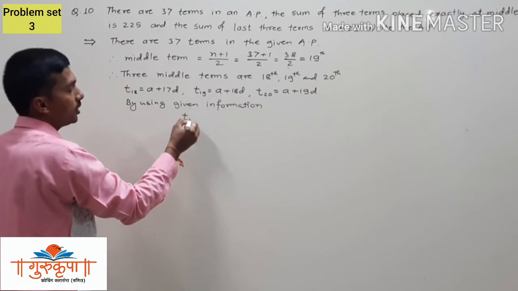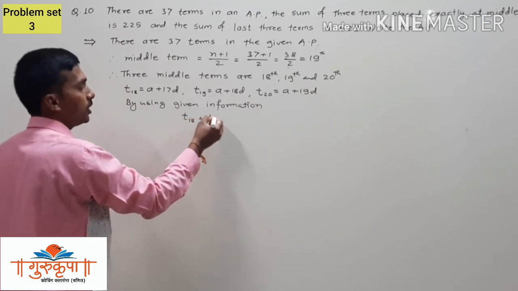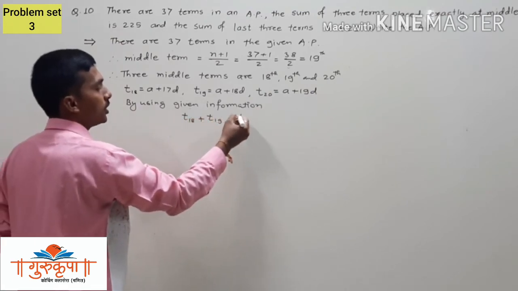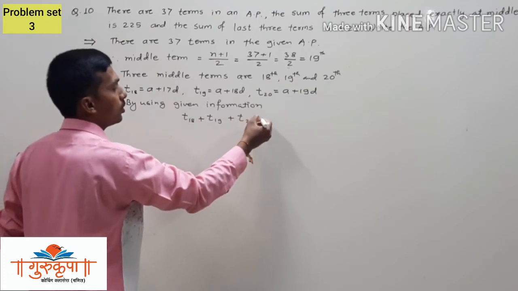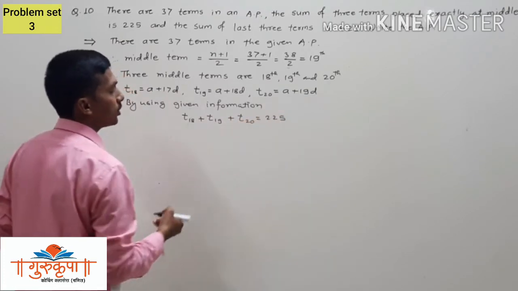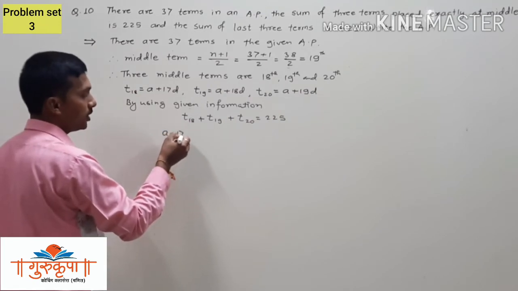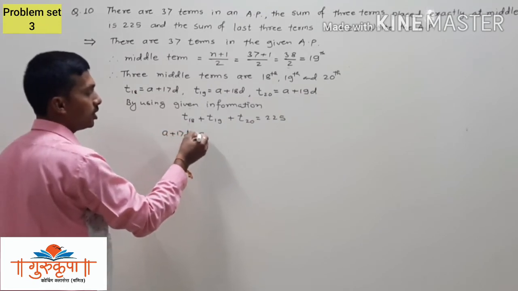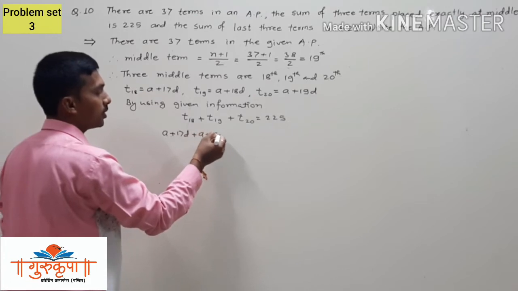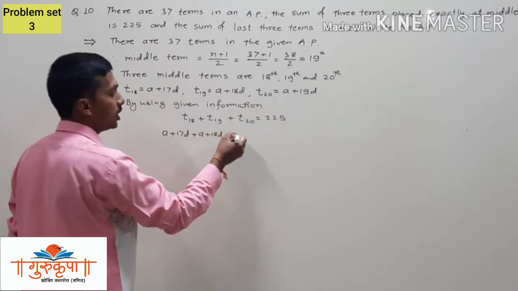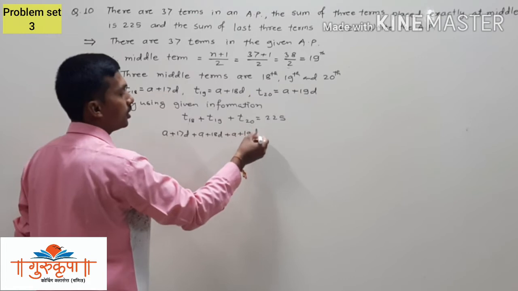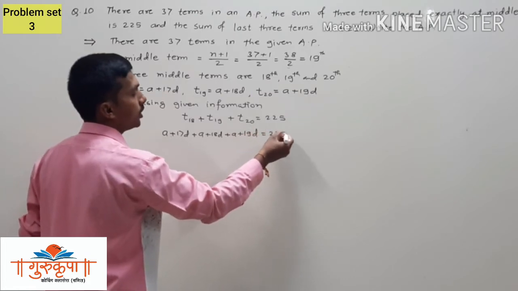Here T18 is A plus 17D, T19 is A plus 18D and T20 is A plus 19D. It is equal to 225.